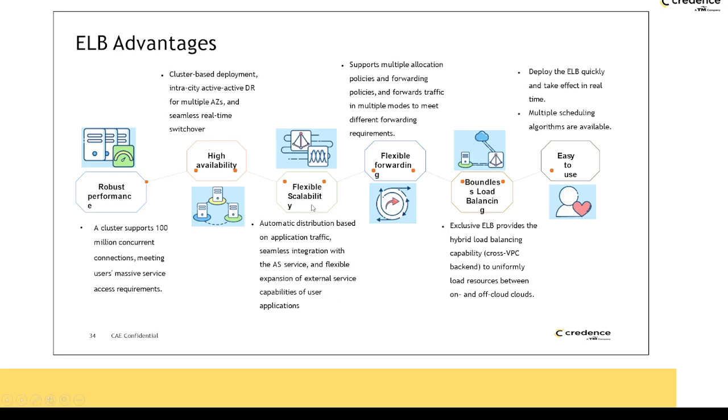Flexible scalability is automatic distribution based on application traffic, seamless integration with the AS service, and flexible expansion of the external service capability of the user application. Flexible forwarding supports multiple application policies and forwarding policies, and forwards traffic in multiple modes to meet different forwarding requirements. Hybrid load balancing is exclusive: ELB provides hybrid load balancing capability, which can cross VPC backends to uniformly load resources between on and off cloud.